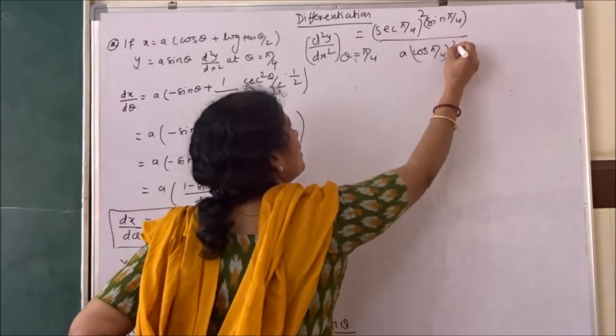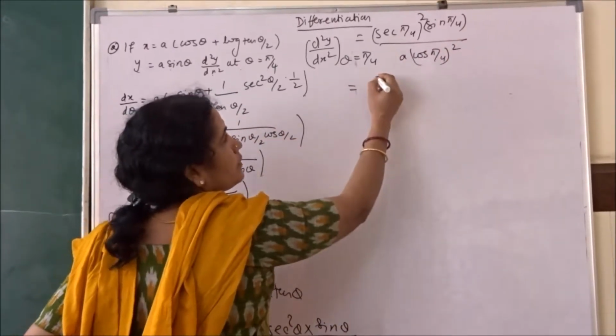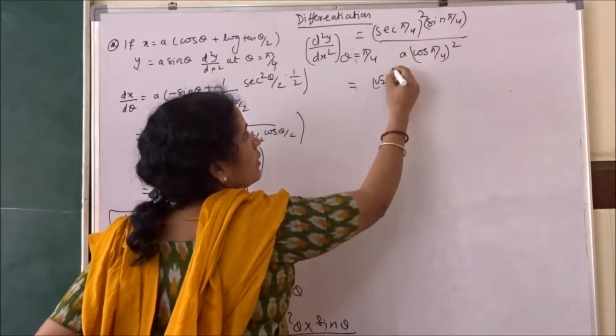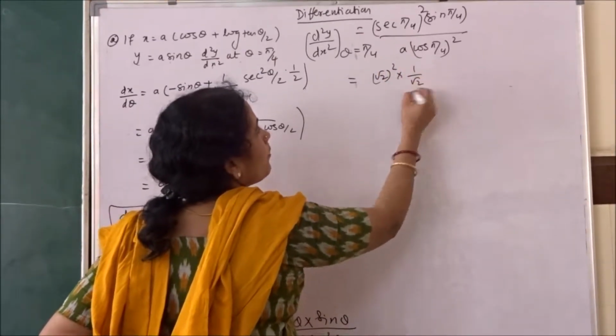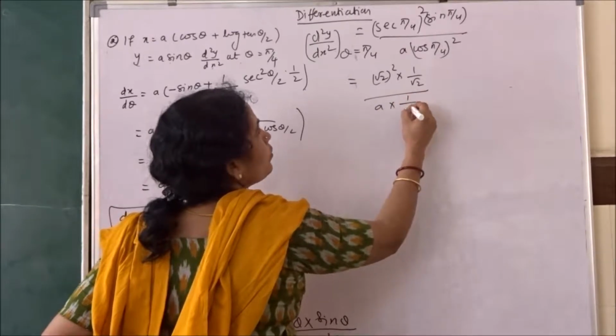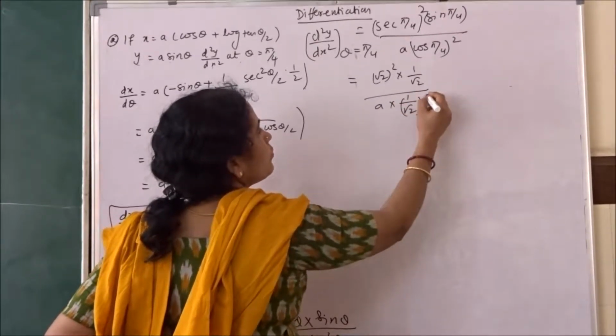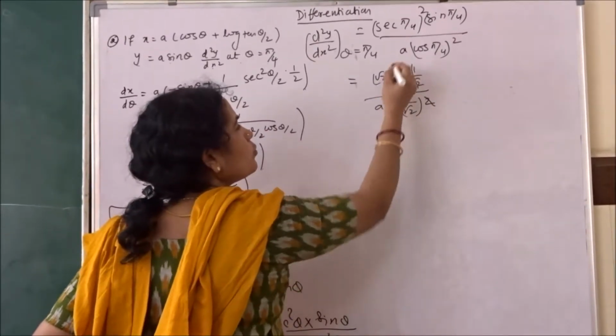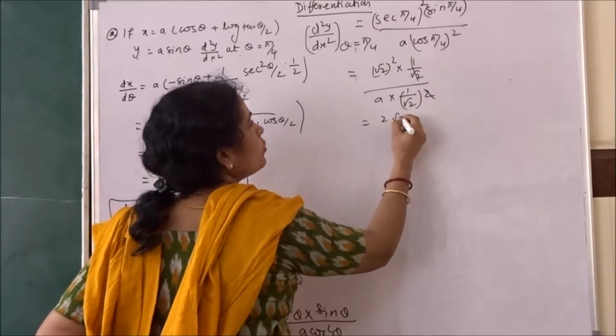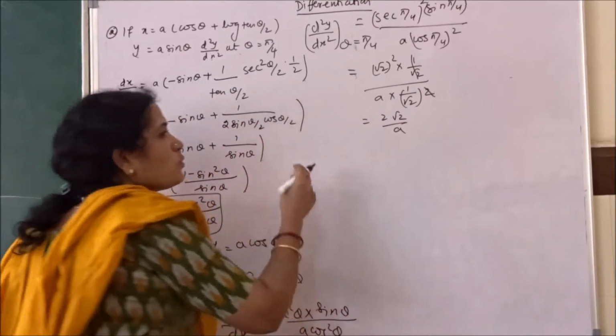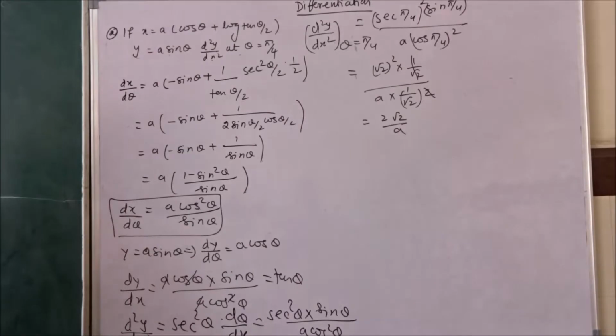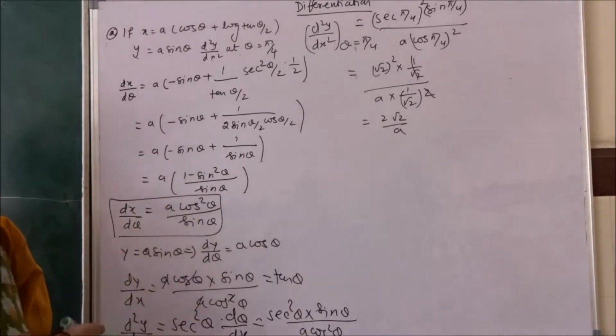Am I correct? Now we are getting root 2 the whole square into 1 by root 2, the whole upon a into 1 by root 2 the whole square. 1 by root 2 will be cancelled, and root 2 square becomes 2, so that is 2 root 2 the whole upon a. This type of question they will ask as a 4-mark question. This is one of the most important questions: how to use the second derivative in parametric form.